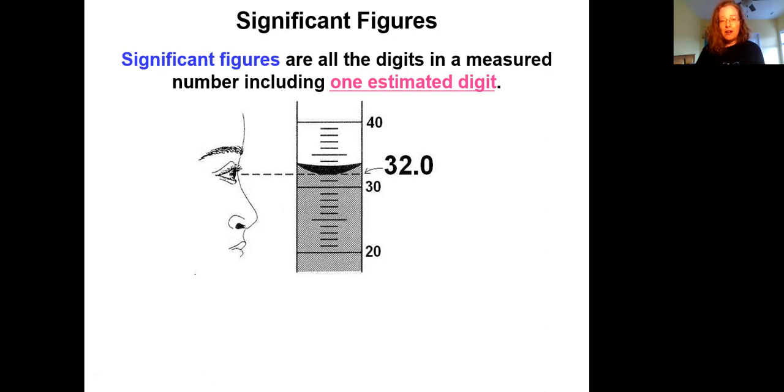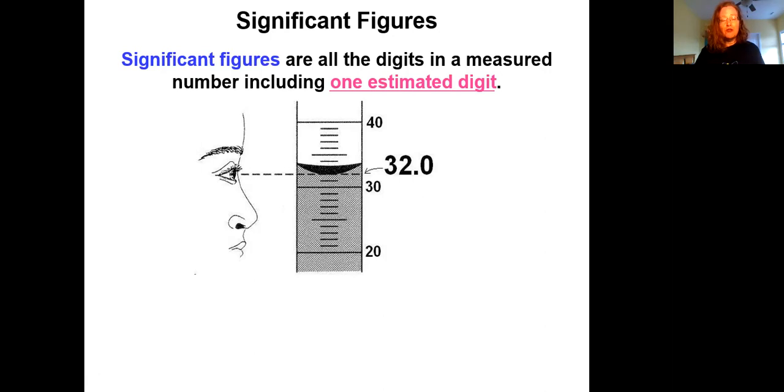Again, you're going to get more practice with this, but where the long line is at the 30, that's 30 milliliters. There are 9 more lines between the 30 and the 40, so each one is worth 1. So we have one line, 31, and then where the bottom of this curve is, it's 32. This person said, wow, it's dead on that line.